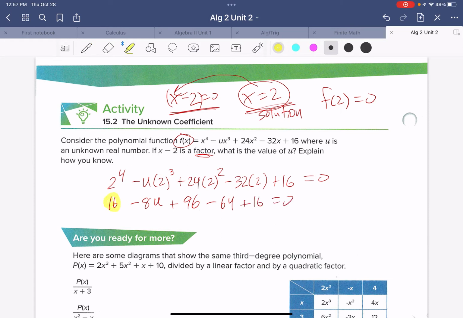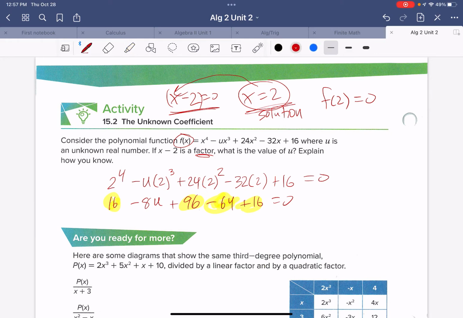Now we need to simplify 16, 96, minus 64, and 16 together. Those are all like terms, they simplify together. For time purposes, if you add the yellows together, it's going to be 64.